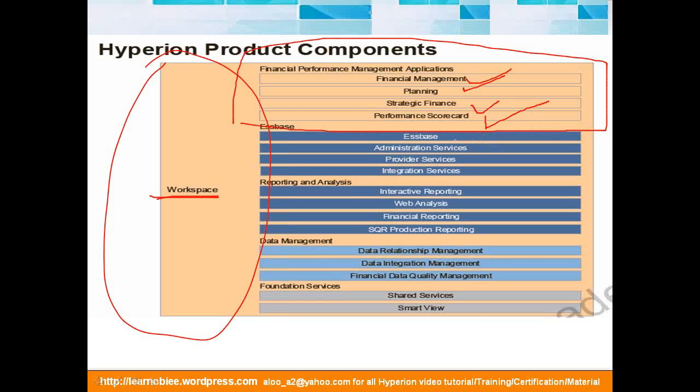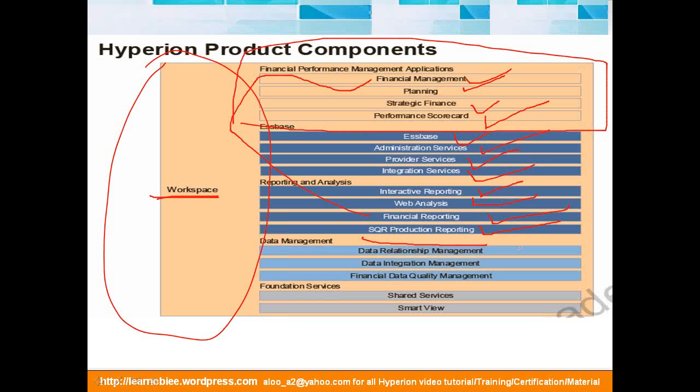Essbase related products: Essbase server, user interface, administration services, provider services which allow Essbase to connect to Excel, integration services which allows Essbase to bring data from a relational database into modeling, rich reporting solutions, Brio or interactive reports, web analysis reports, financial reports which go well with financial management, and to pull a bulk amount of data from an OLTP environment use SQR or production reporting.